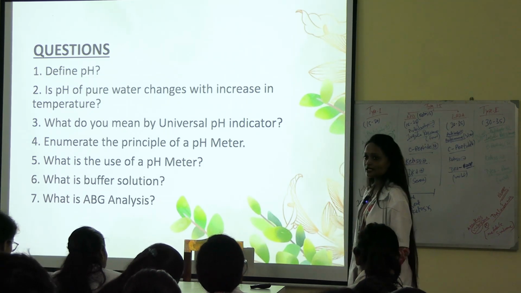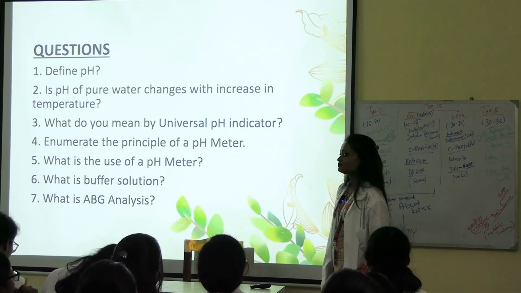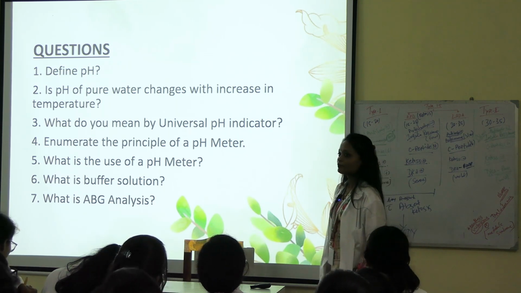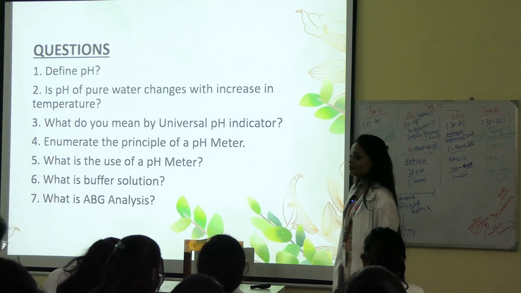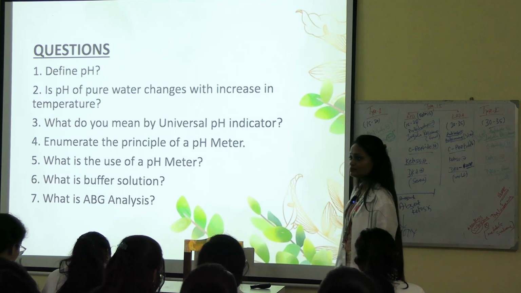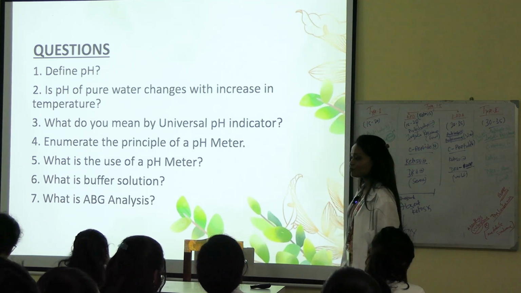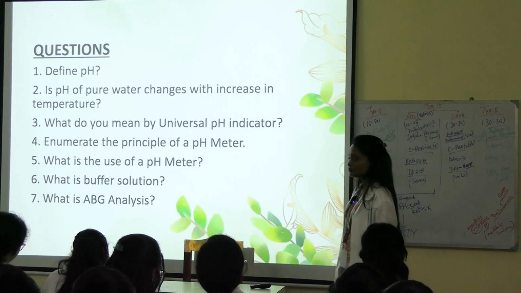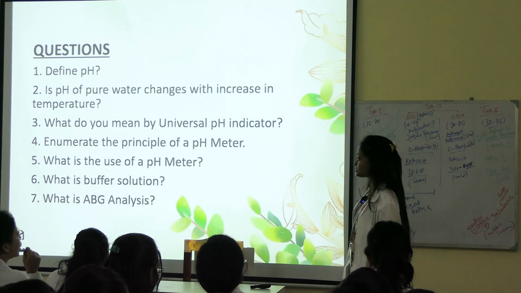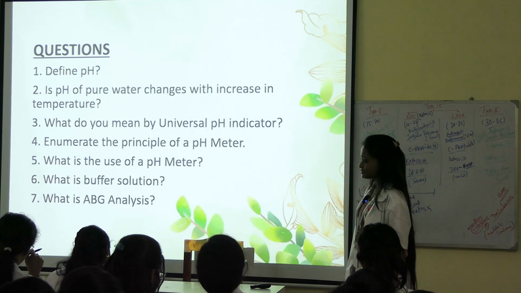Then what is ABG analysis? The last point we have written now in application of pH meter is pH of blood gases. So what is ABG? Arterial blood gas analysis.